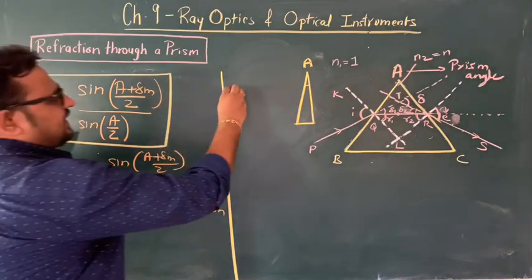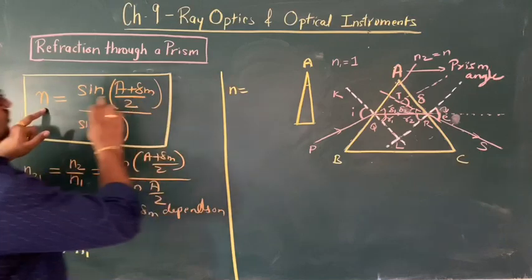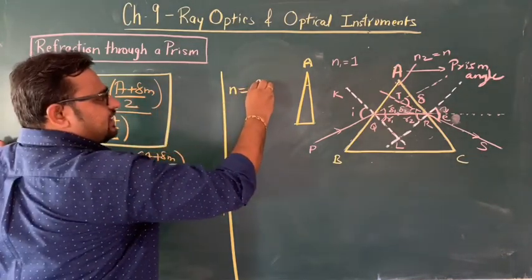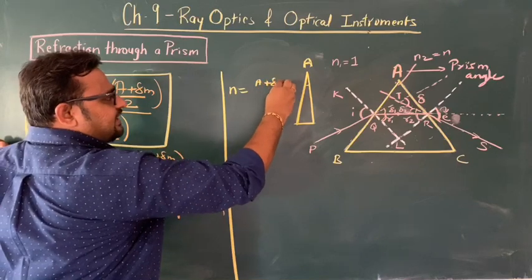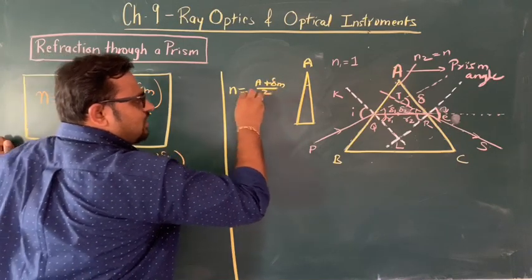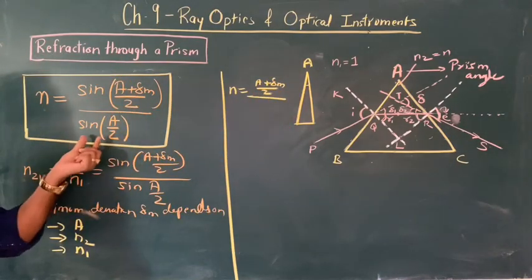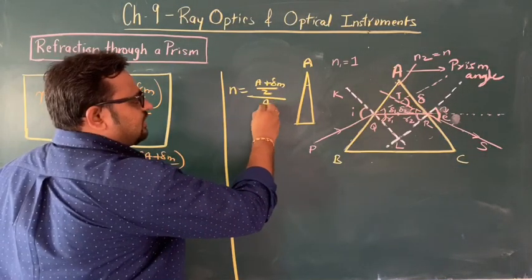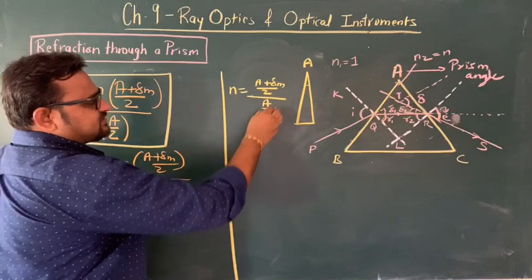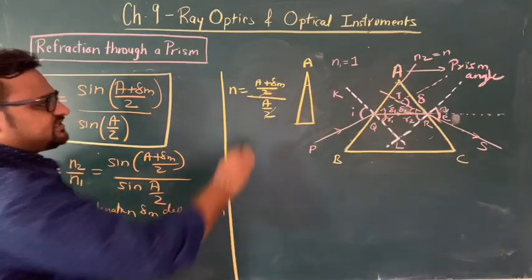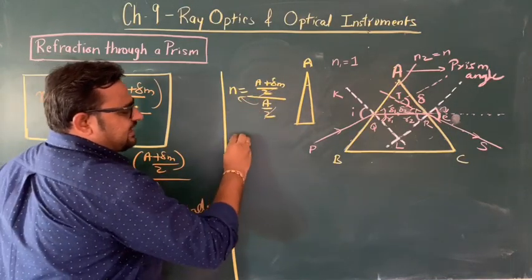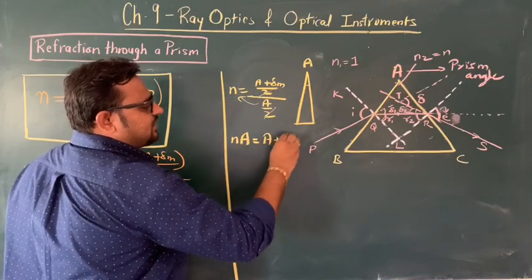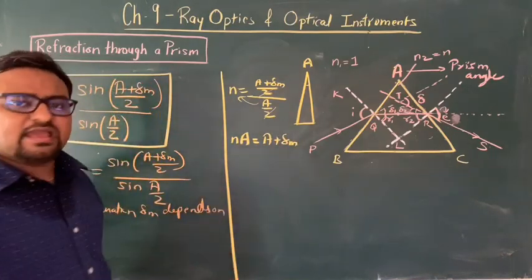So n will be equal to (A plus delta m by 2) upon A by 2. So 2 gets cancelled, and nA will be equal to A plus delta m.